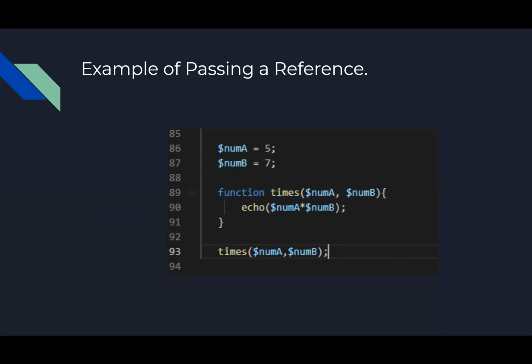That's going down, passing into this times function that's getting called down here. Putting these values into this section, and basically doing the same thing as before, but instead of putting just values, we're passing this reference. And that's what it is. It's really simple. It's quite easy to do.